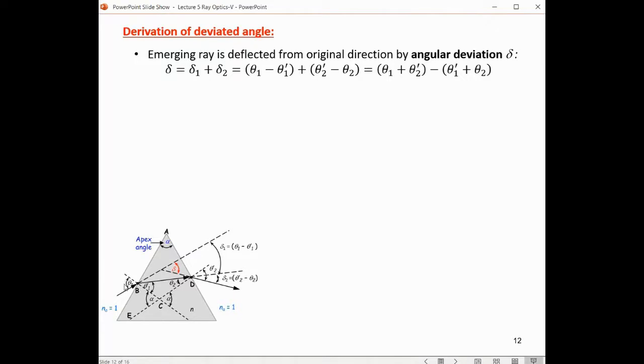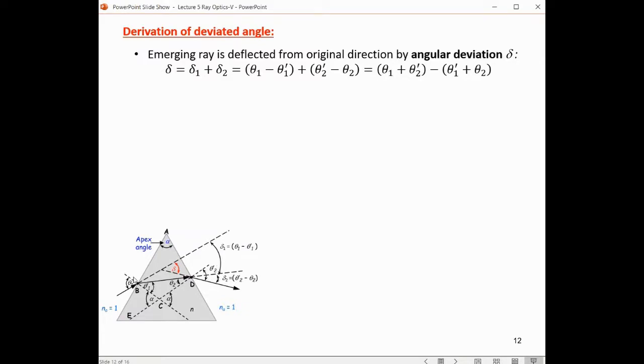We take the incident angle to be theta 1 and the refracted angle at surface 1 at point B here as theta 1 prime. And then this refracted ray in the prism would be incident at point D at an angle theta 2, and it gets transmitted out with a refracted angle of theta 2 prime.